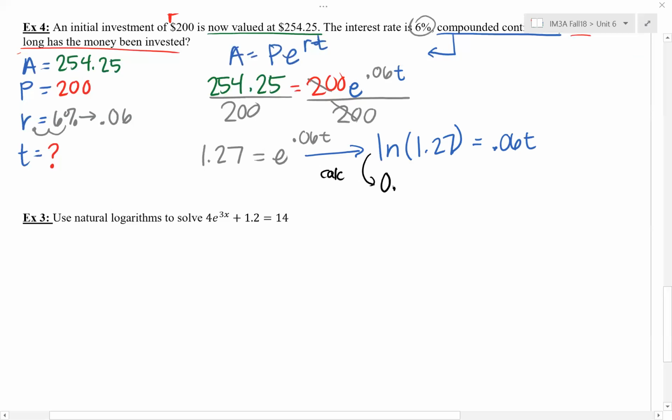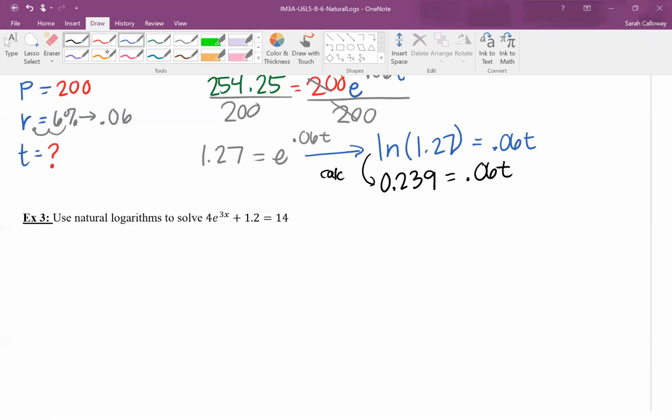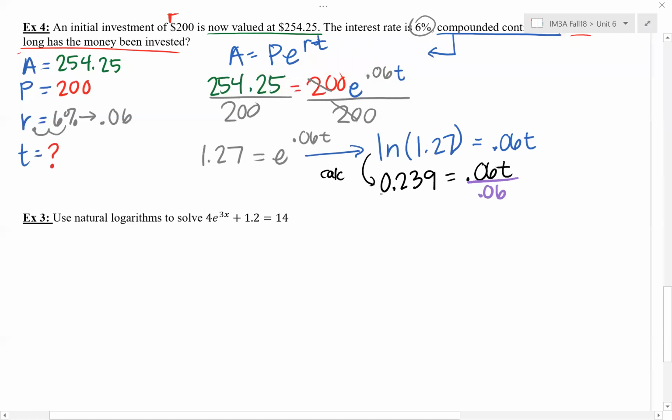We should get 0.239, and that's equal to our 0.06t. And then finally, to get t by itself, we're going to divide by 0.06, which means that t is about 3.983. So if we're talking years, this is about 4 years.